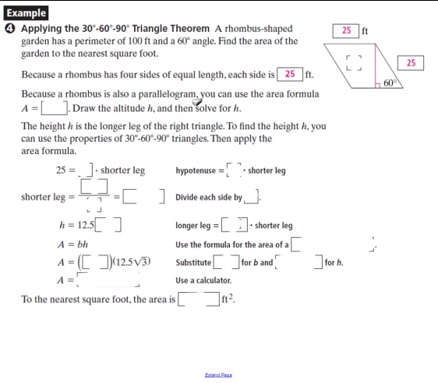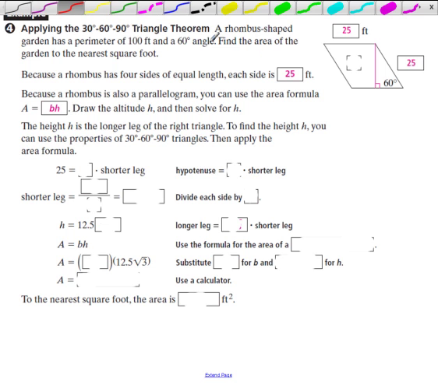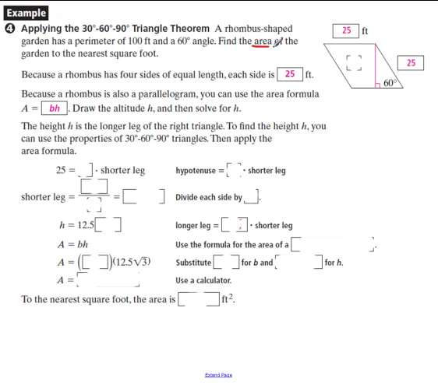So we also know that it's a parallelogram, and so looking at the area, because that's what they want to find, find the area. So since we're looking for area, we need a formula, and we can use base times height, but remember the height needs to be perpendicular to the base. So we need to find this length right here.